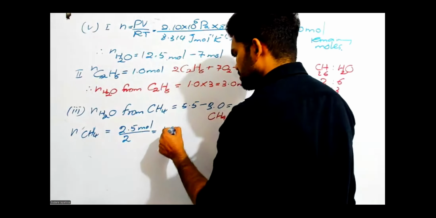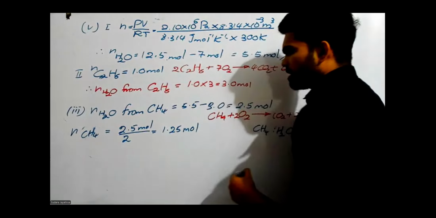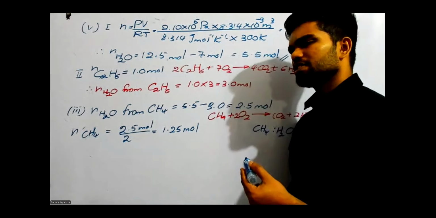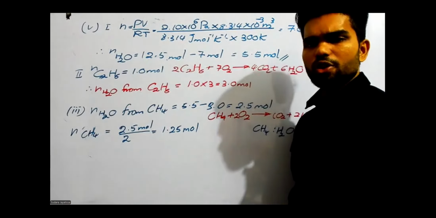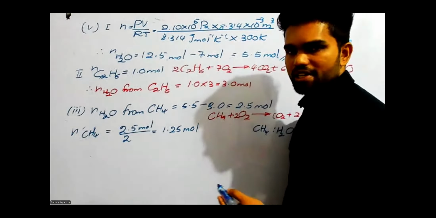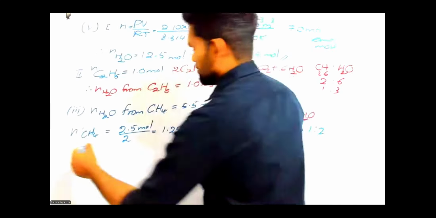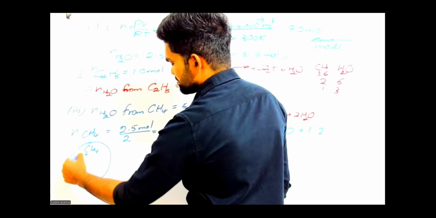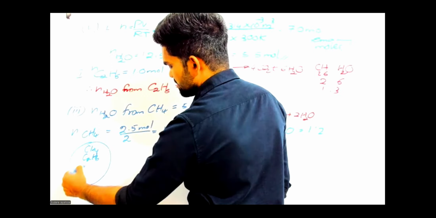So 1.25 moles. Now, how do we find the initial moles of O2? Because we know initial total moles are 12.0. If I draw the initial container, you have CH4, C2H6 and O2.